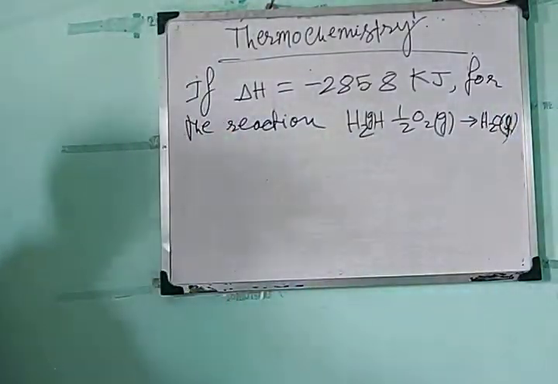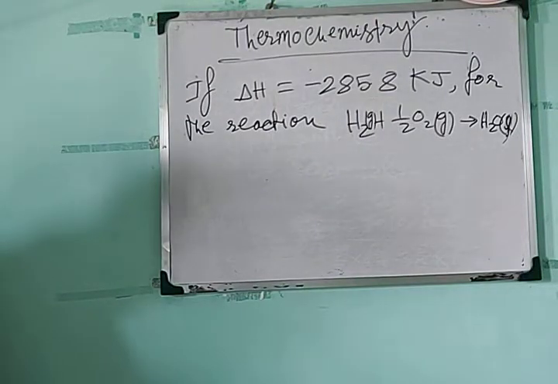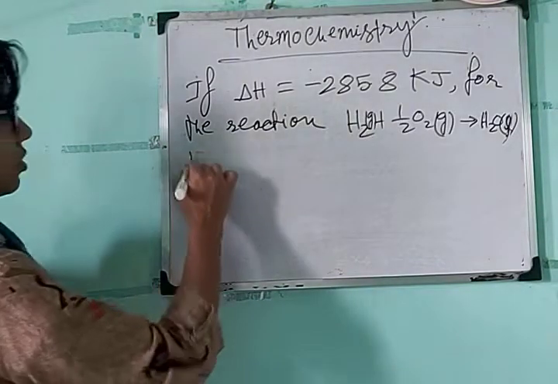Okay, hydrogen and oxygen combining giving water. Then what will be the value of delta H?